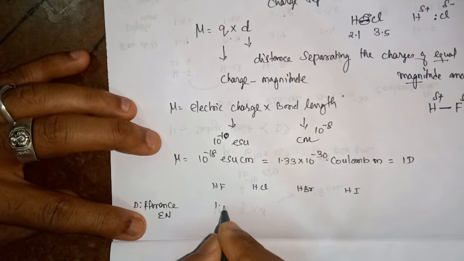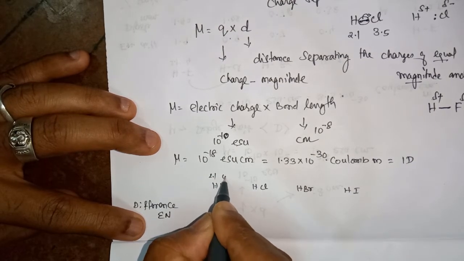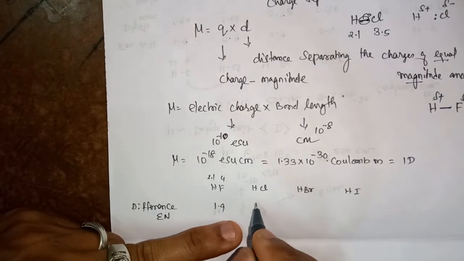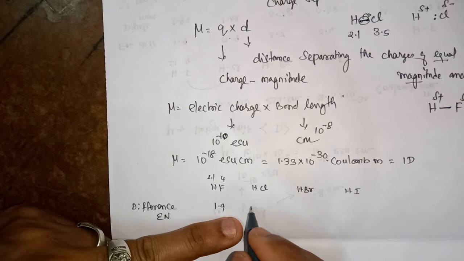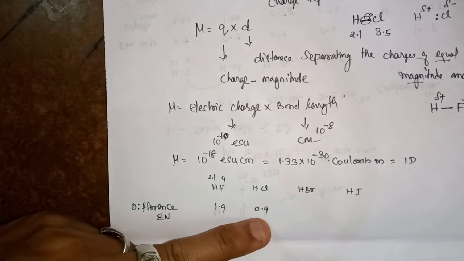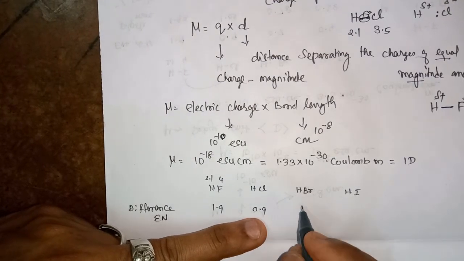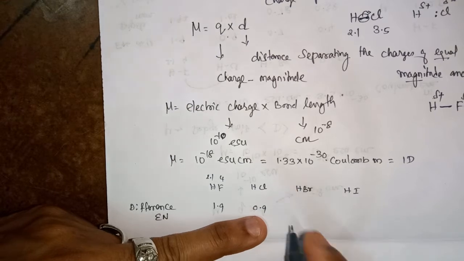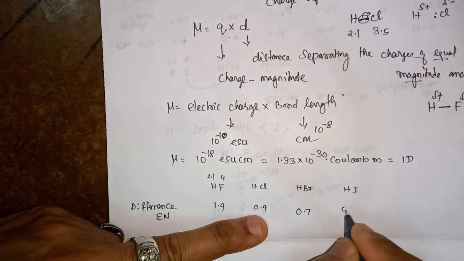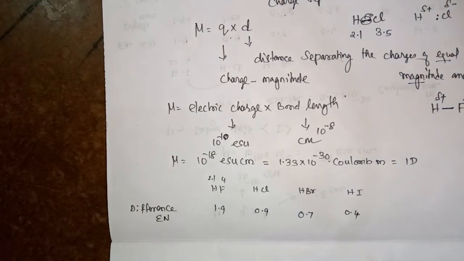It comes around 1.9, because hydrogen is 2.1 and fluorine is 4, so that comes to 1.9. In a similar way, the electronegativity difference for HCl comes to 0.9, for HBr it comes 0.7, and for HI it comes 0.4.